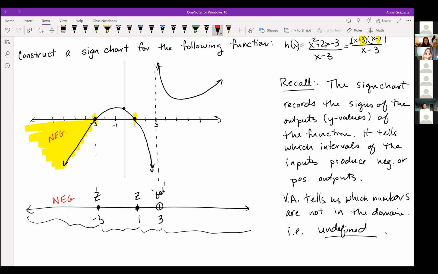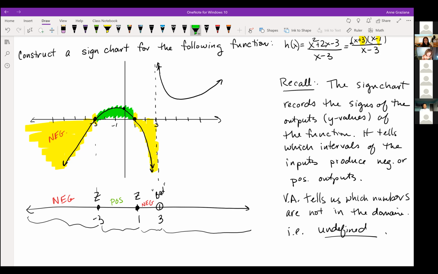All right, now what about from this section here, from -3 to 1? That's all these outputs here. Positive. Okay, we'll put it in green just because. Okay. Now, what about from here to the asymptote? Negative. It's negative. Ooh, let me use my red.